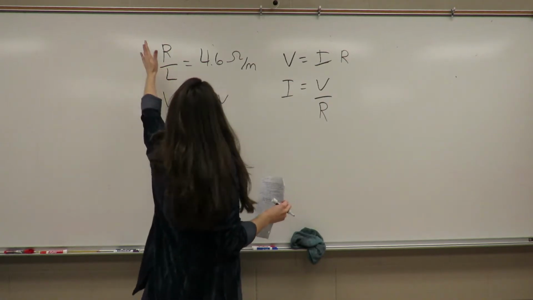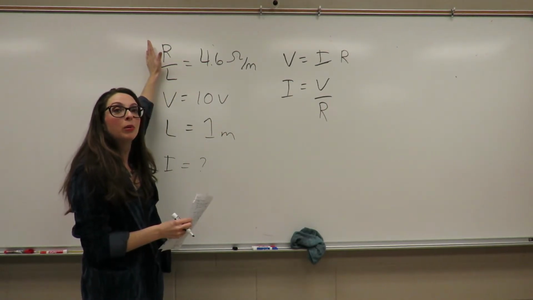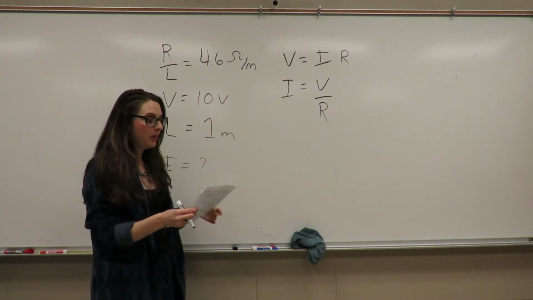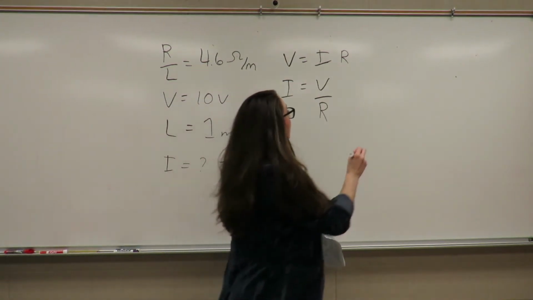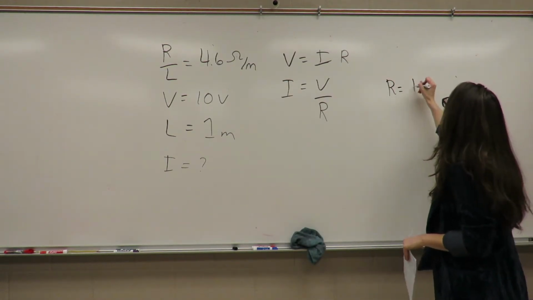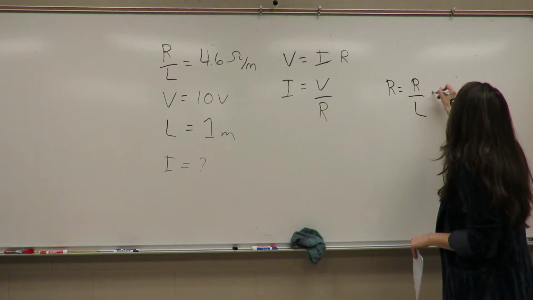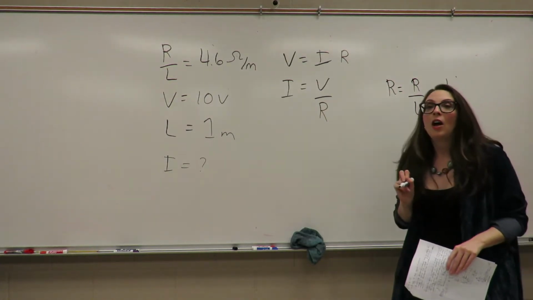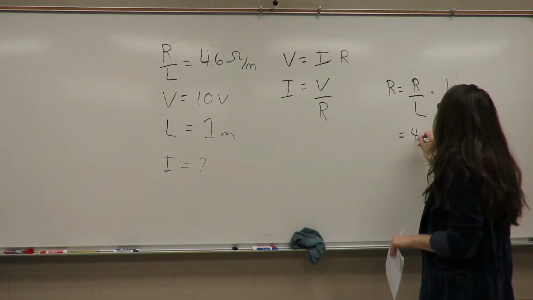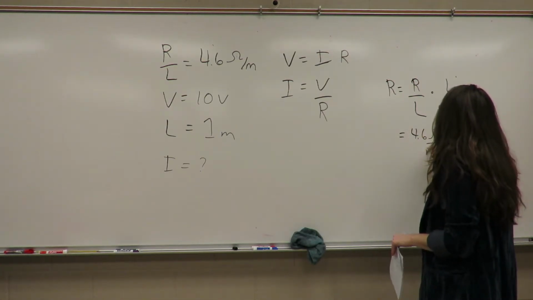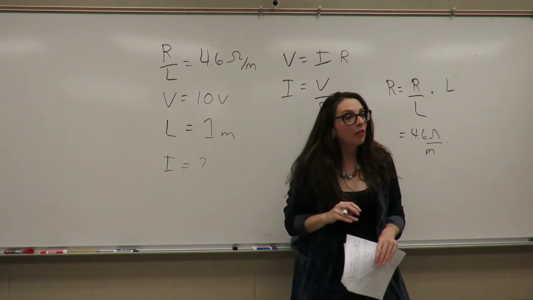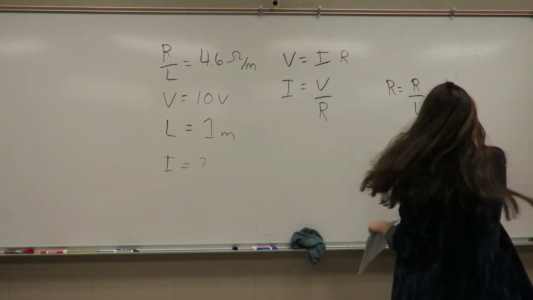And we found the resistance per unit length in the previous part of this problem, 4.6 ohms per meter. So my resistance is just going to be my resistance per length times the length of the wire that I'm given for this problem. So I'm just going to take 4.6 ohm per meter and multiply that by the 1 meter length of wire that I'm given.